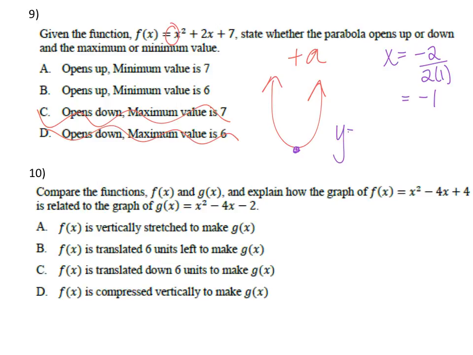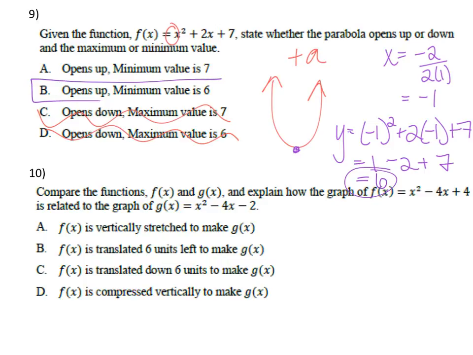To find my y, I'm going to have negative 1 squared, I'm just plugging it into the formula, plus 2 times negative 1 plus 7. Ends up being 1 plus negative 2, or you can just do minus 2, plus 7. So 1 minus 2 is negative 1, plus a positive 7, you're going to end up with a positive 6. So that's going to be my minimum value.